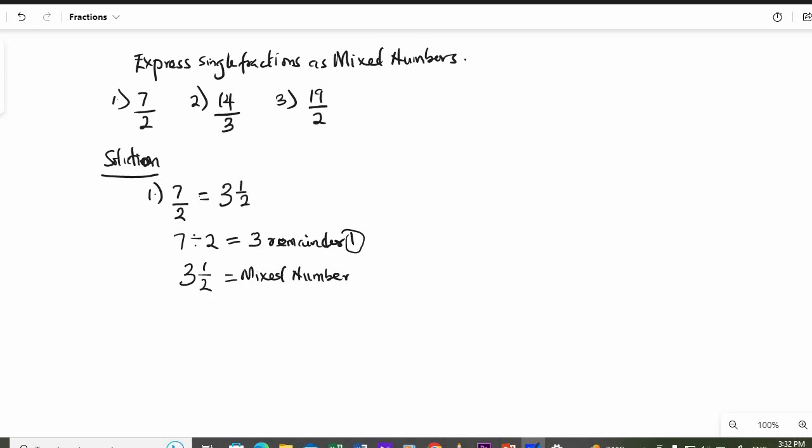Okay, so let's do the second example. 14/3. Same thing we did in the first one. 14 divided by 3 equals what? Equals 4, with the remainder of what? Remember, 4 times 3 is 12, and 14 minus 12 is 2.